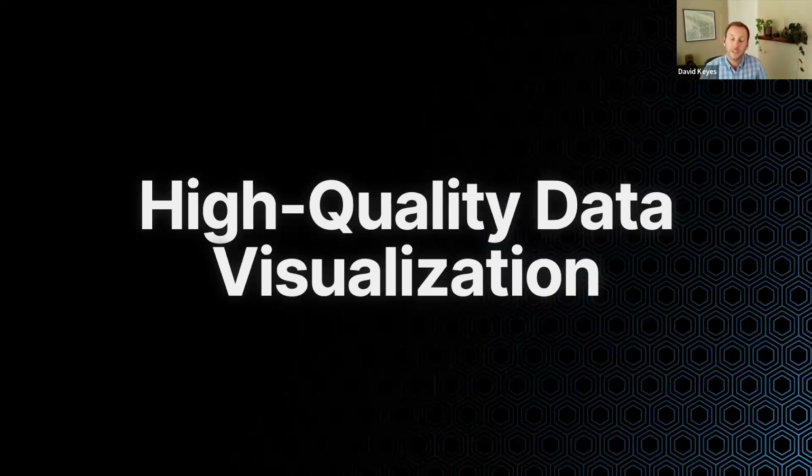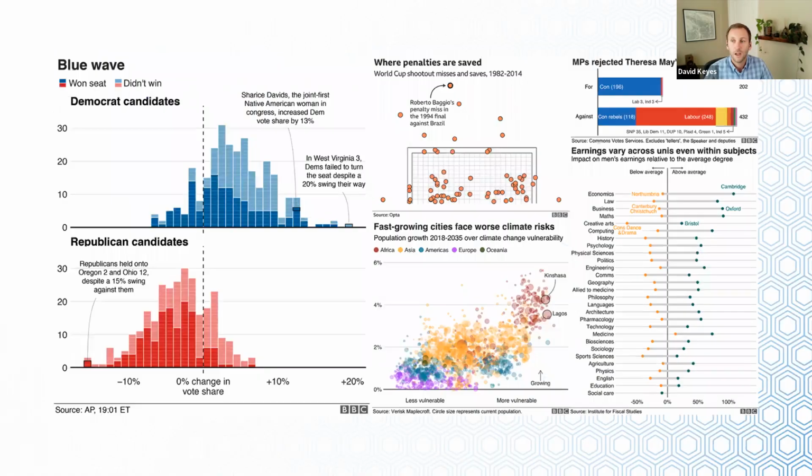The main reason I got into using R was data visualization. What you're looking at is an example of data visualization made by the BBC. I recently interviewed some folks from the BBC about how they use R. The really nice thing is that R, and specifically the package called ggplot, is super flexible.